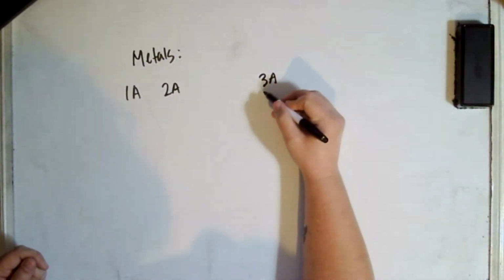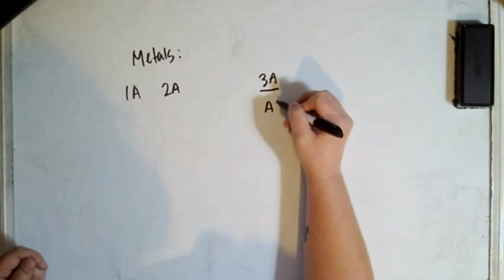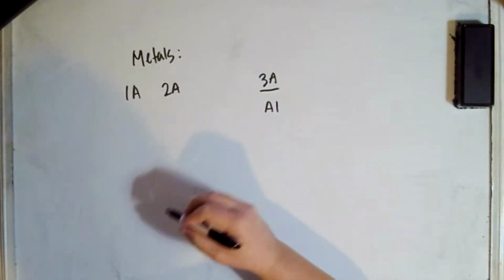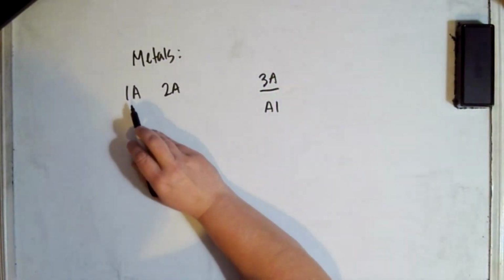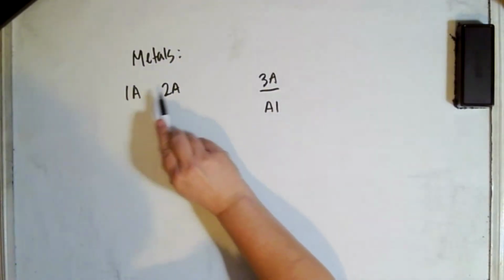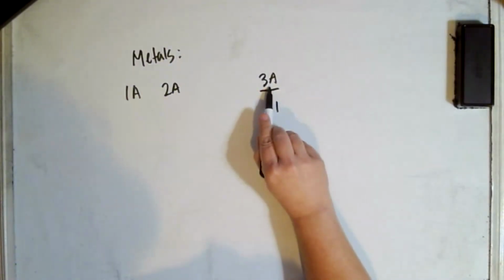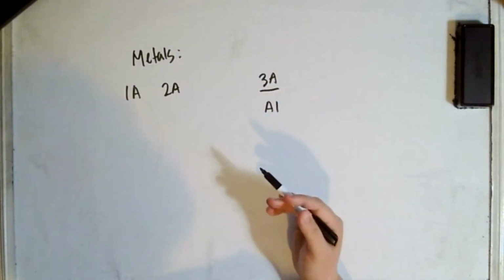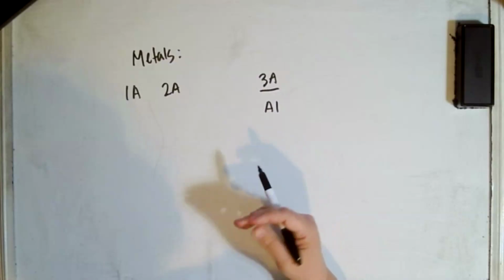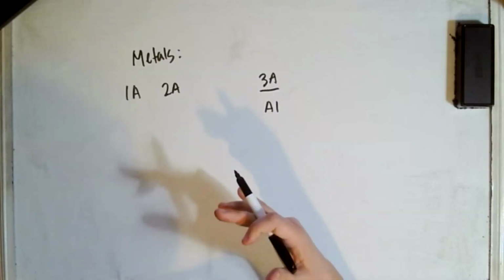But we're only going to really pay attention to it for aluminum because the other metals can get a little bit strange sometimes. But remember that just like with our nonmetals, the number of our group tells us the number of valence electrons that our atom has.